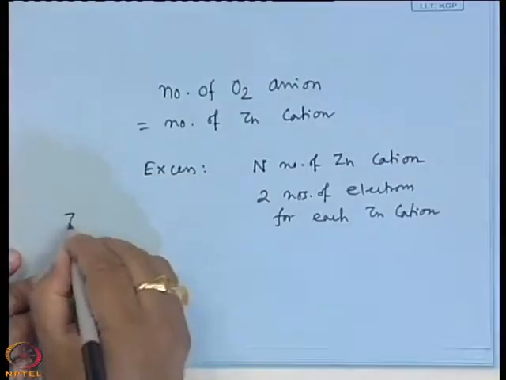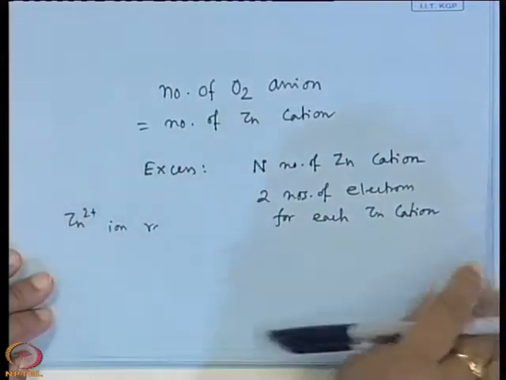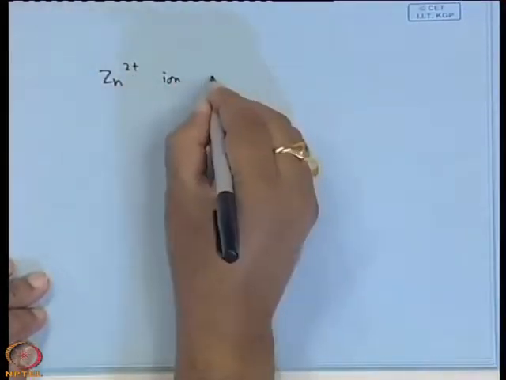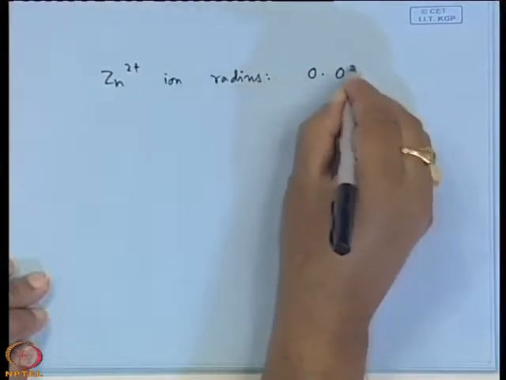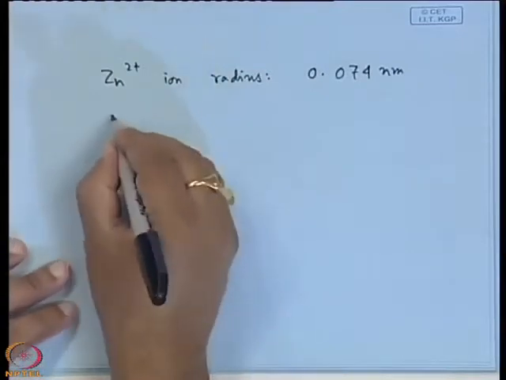Why is it not possible? The possibility is rare, it is because of this thing: zinc ion radius is 0.074 nanometer, right.